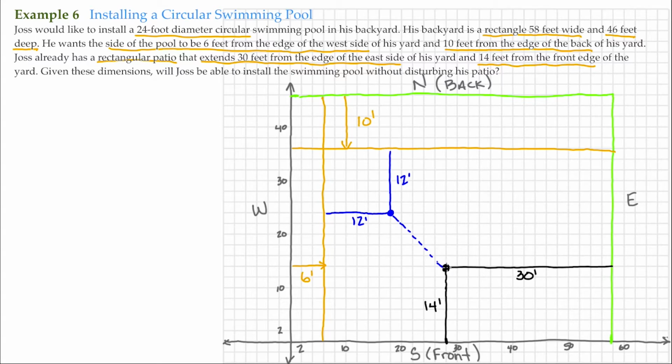This coordinate right here, this is at 28 and 14. Keep in mind, this is all in feet. This coordinate here, that's at 18 and 24, right?